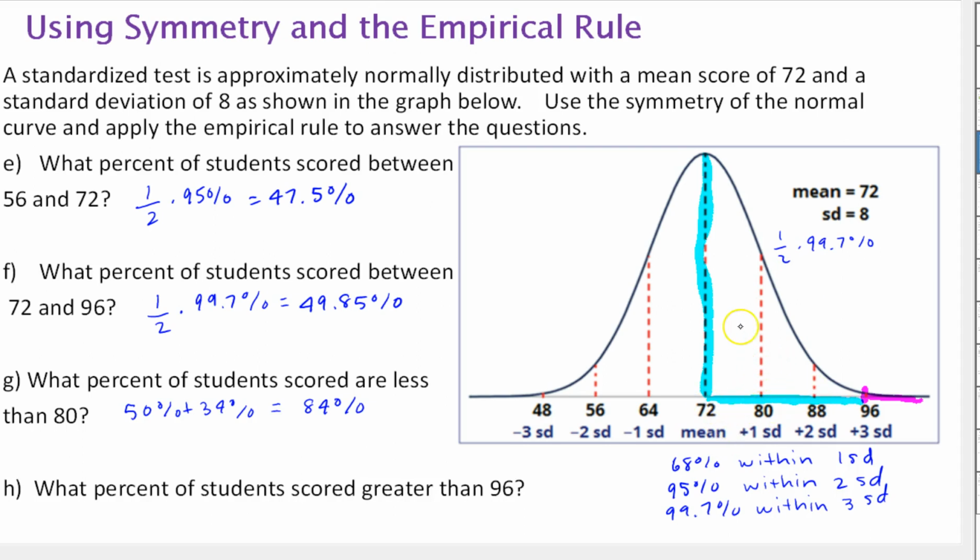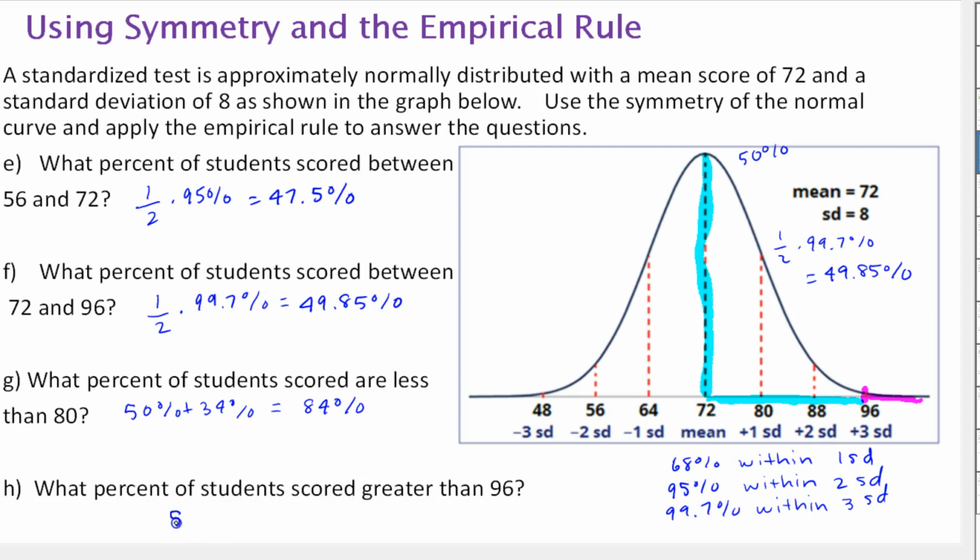So this is half of 99.7, I believe, oh, we already found that, which is 49.85. Well, if we know everything to the right of 72 is 50%, since the mean equals the median, then this little piece must be the difference between those two values.